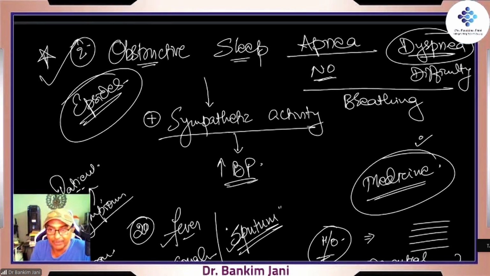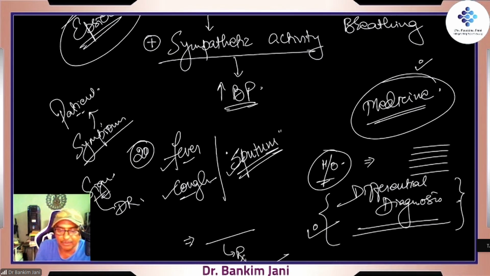Now, one very important reason is that during sleep there is obstructive sleep apnea, and there is a machine called the CPAP machine. When we talk about it, we'll see that the machine is attached. It won't let the patients breathe obstructed, and blood pressure comes down. Because over here, blood pressure is because of simple sympathetic activity. So if you somehow suppress that sympathetic activity so that the patient breathes normally, your patient would be fine.